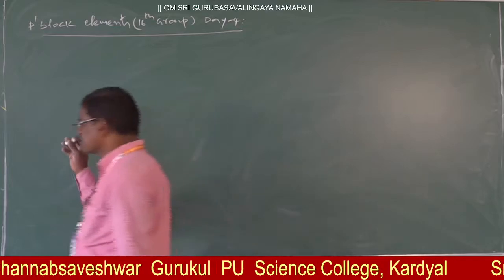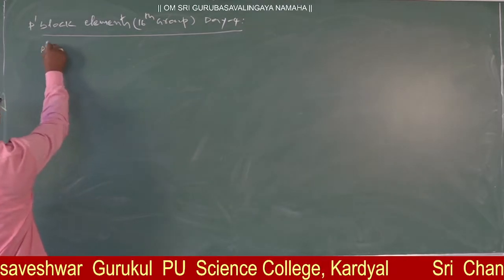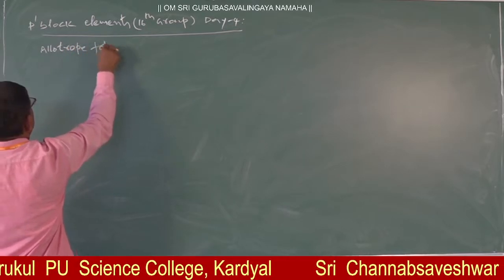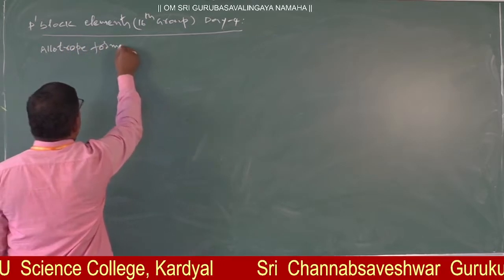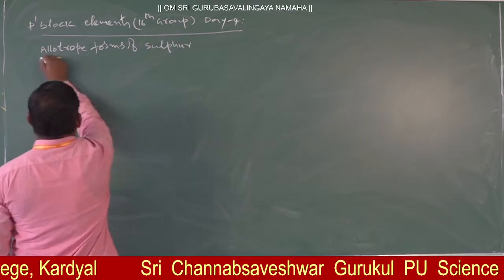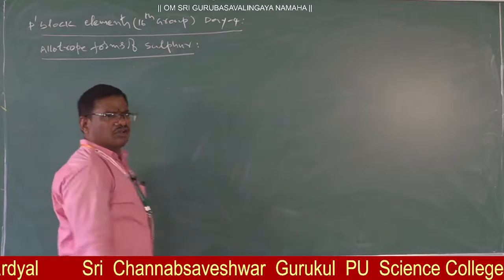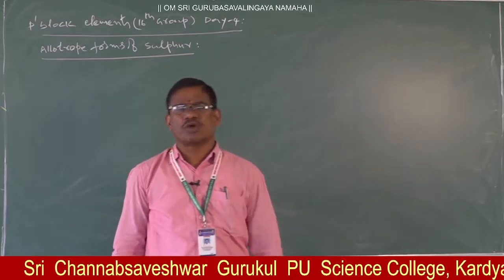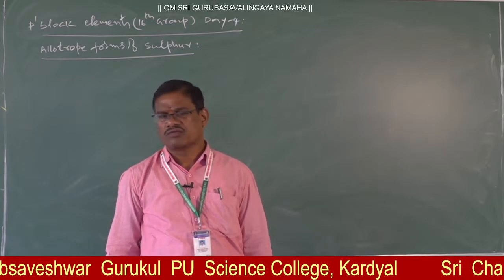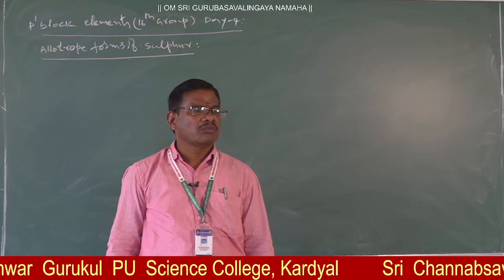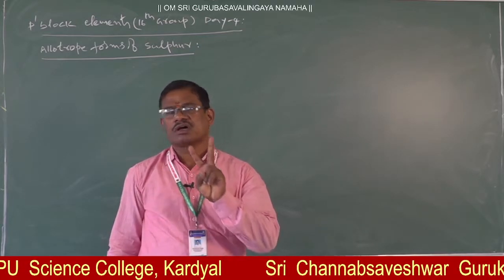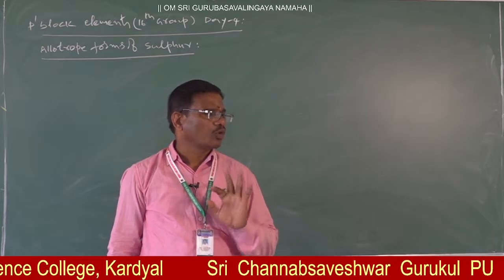Next subheading you have is sulfur, allotropic forms of sulfur. Here sulfur exhibits a numerous number of allotropic forms. Of all of them, the main allotropic forms of sulfur are two, which are rhombic sulfur and monoclinic sulfur.